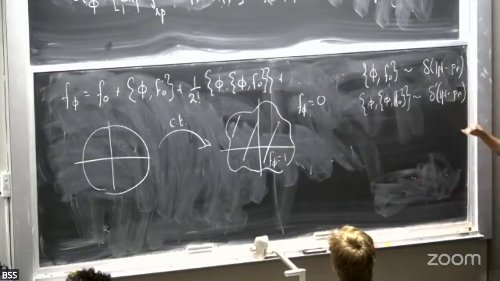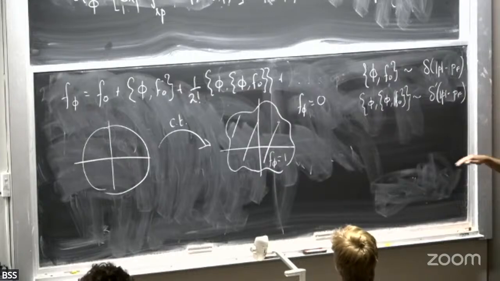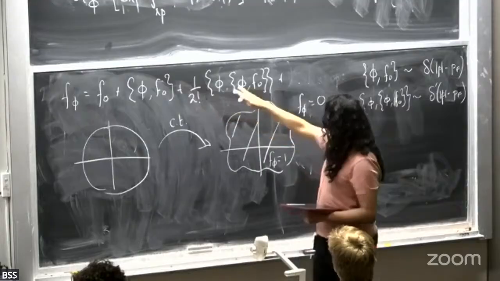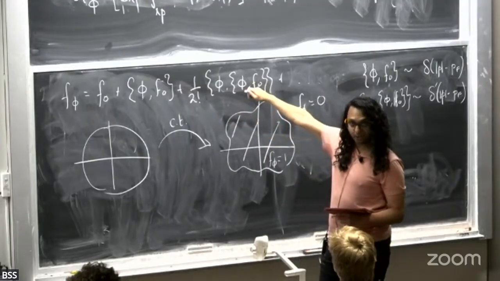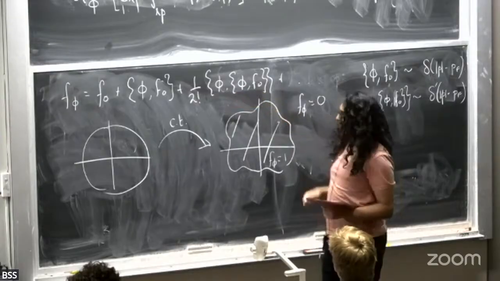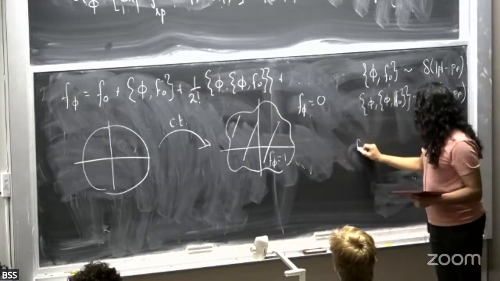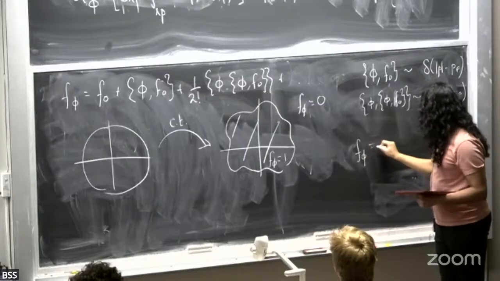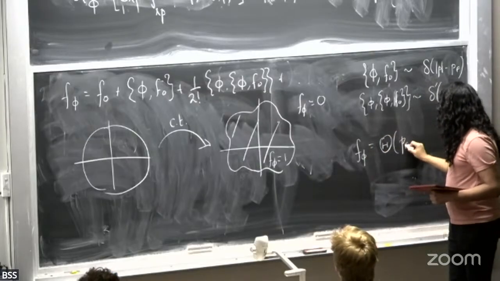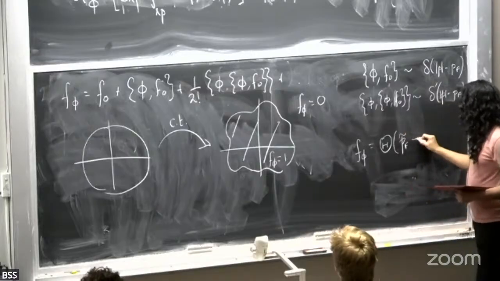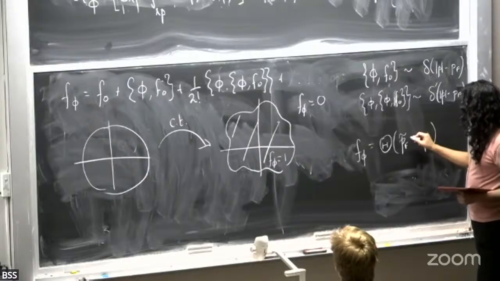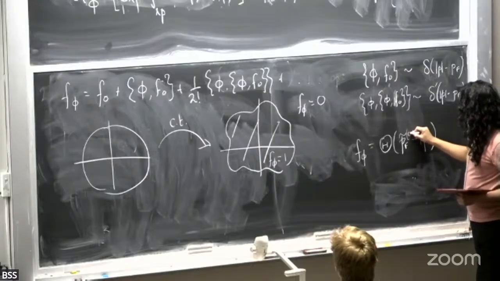You'll get higher and higher derivatives of the delta function. So this series, including the factorials and the other coefficients in terms of gradients of phi that show up, organizes itself as a Taylor expansion. And if you resum that Taylor expansion, you'll find that f phi is a theta function of some pf tilde minus mod p, where this pf tilde depends on phi.